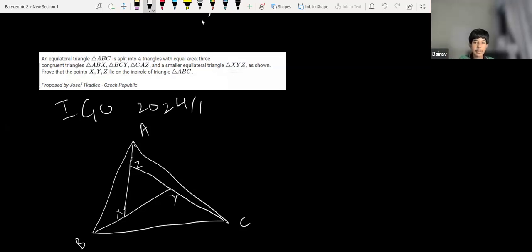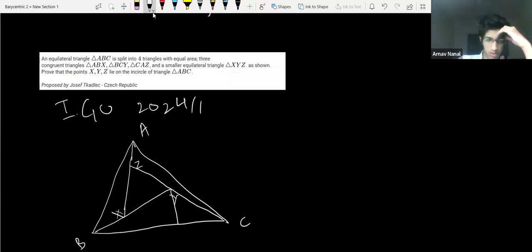I guess actually, since each of the ones must have exactly 1/4 of the area, we actually know the altitudes from x, y, and z. Oh yeah, then they must be symmetric. That is correct.